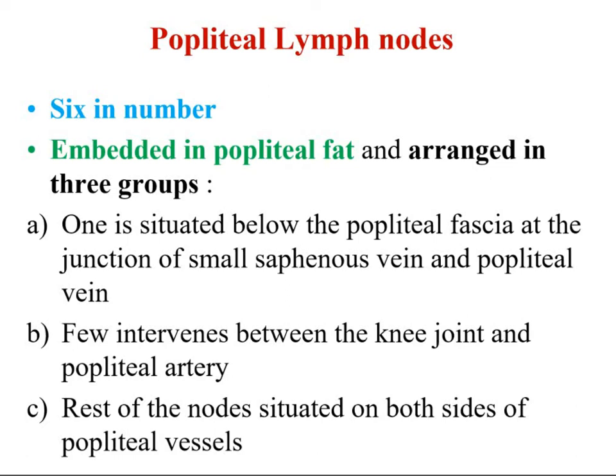One is located at the junction between the small saphenous vein and the popliteal vein. Second one is between the knee joint and the popliteal artery, that is near the floor of the popliteal fossa, and the rest are on both sides of your popliteal vessels.